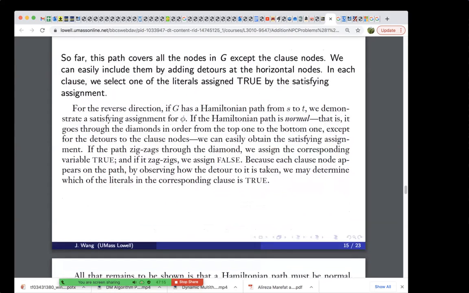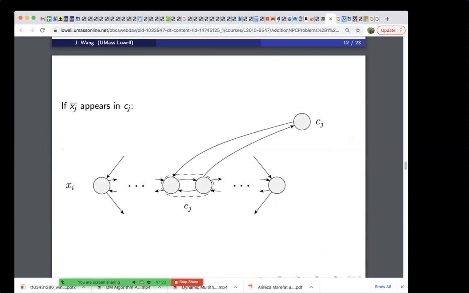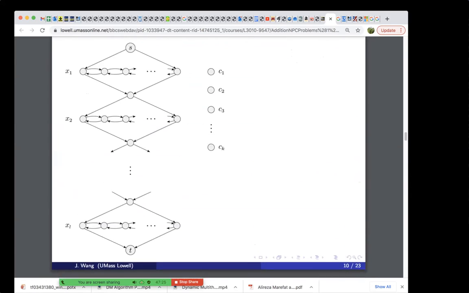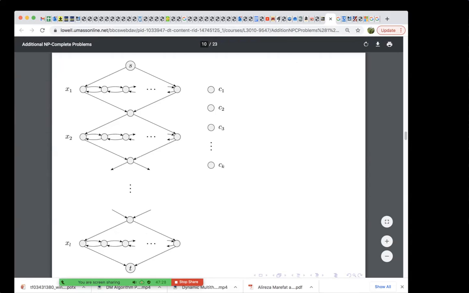So if the Hamiltonian path is normal, which means you start from here, you go through each diamond in order, okay? Instead of jumping, so you come here, then you go to the next diamond. That's not normal. If it's normal, then it's easy to come up with a truth assignment for each of these variables to make the formula true. Otherwise, if it jumps, okay, from here to there, then we show that it's impossible, right?